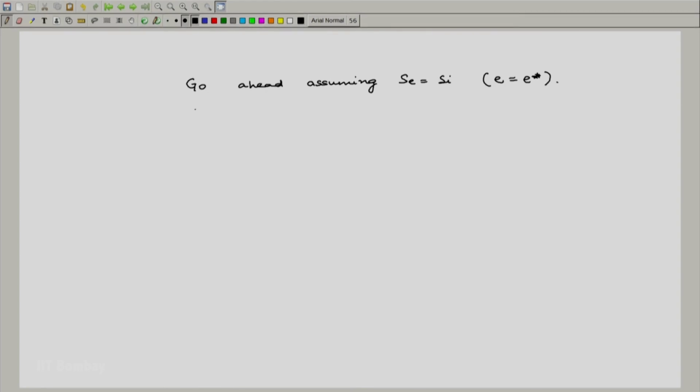So, if this is so, we realize that, let me draw this diagram again, PI, PE, I, E star. This is what we are getting. So, we know what S is here.